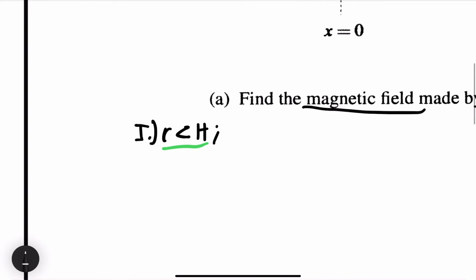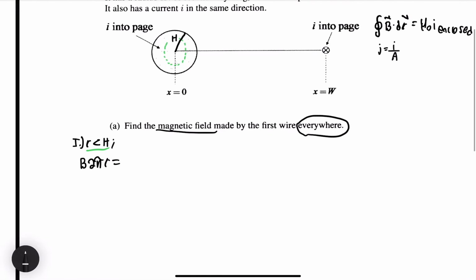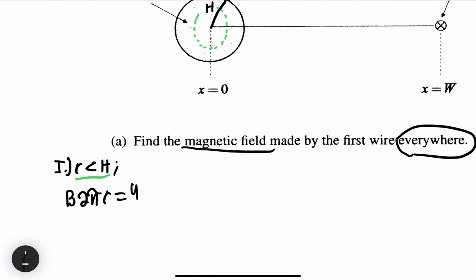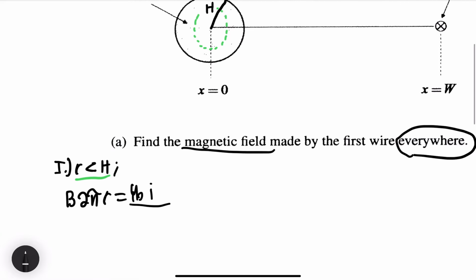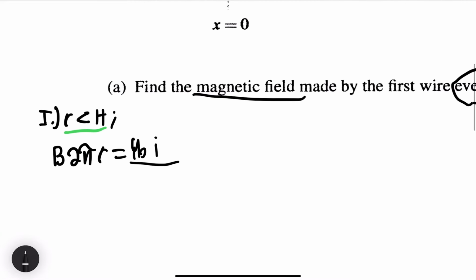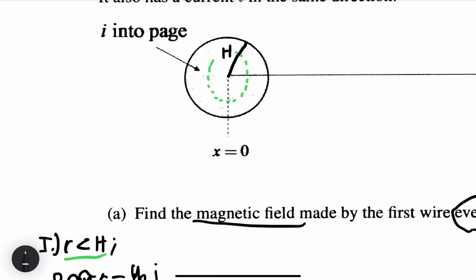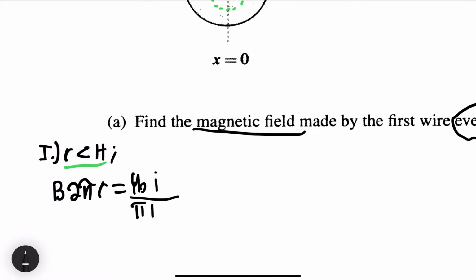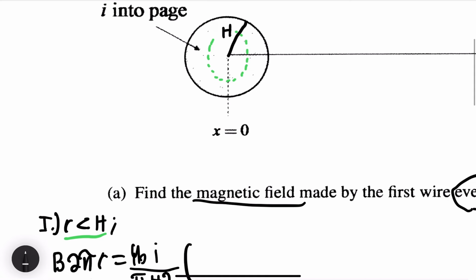So I want the whole thing, it would just be B 2 pi r is equal to mu naught, and then it's going to be the current divided by the total area of this wire, which, the area of a circle is pi r squared. Excuse me, but this has a radius of h, so it's pi h squared, times the area of our loop that we created.